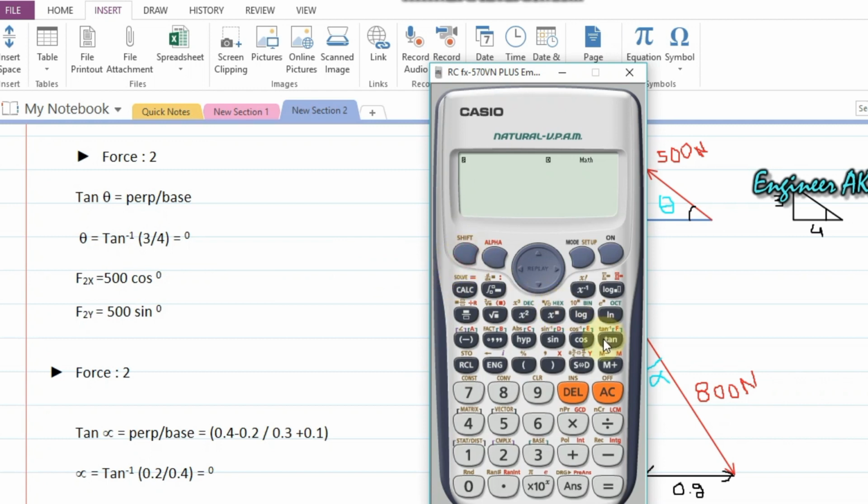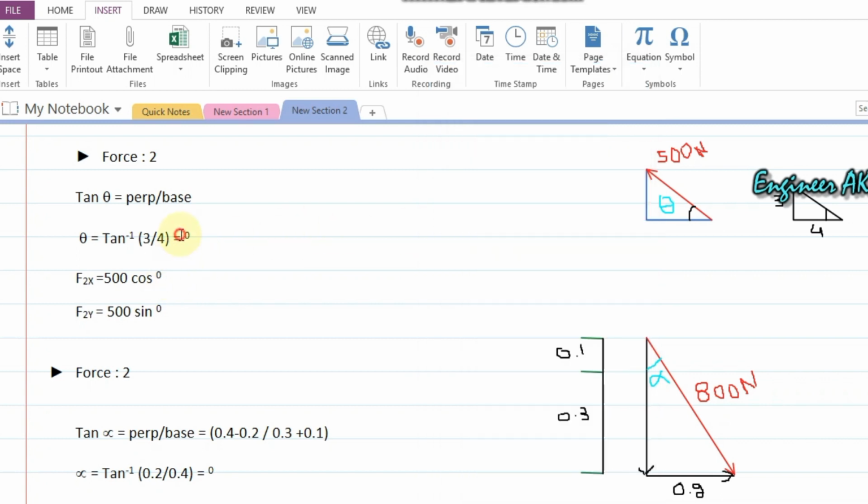So tan inverse 3 by 4, we get 36.86 degrees, right?